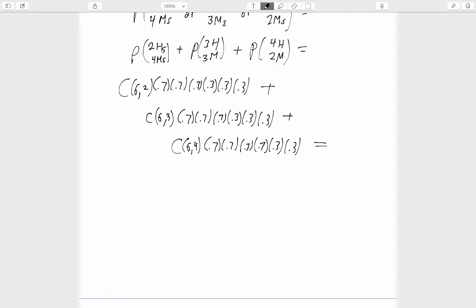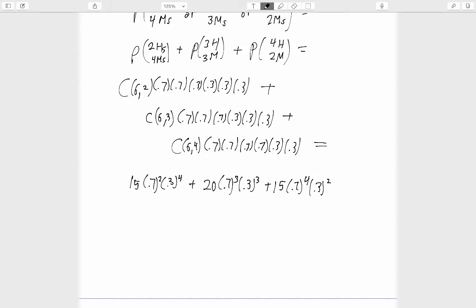Just to clean this up a bit, let's write 6 choose 2 as its actual numerical value, 15. So that's row 6, entry number 2 in Pascal's triangle times 0.7 squared times 0.3 to the 4th, plus 6 choose 3 equals 20, the middle entry in row 6 of Pascal's triangle, times 0.7 cubed times 0.3 cubed, plus the other 15 in row 6 of Pascal's triangle, that 15 times 0.7 to the 4th times 0.3 squared.